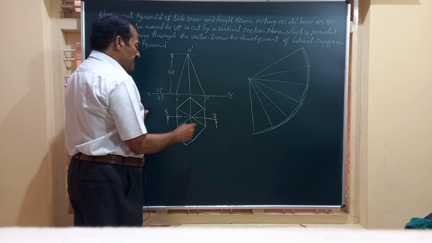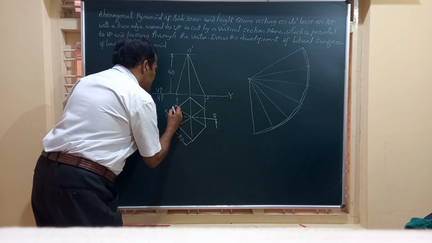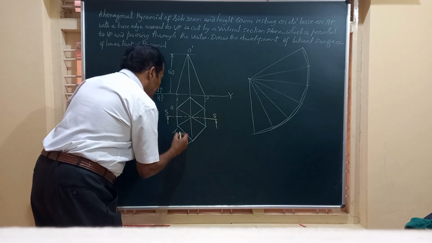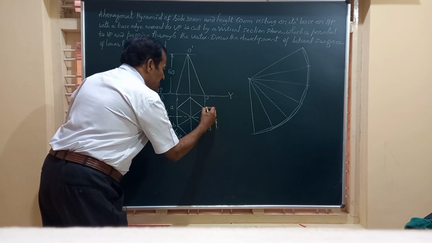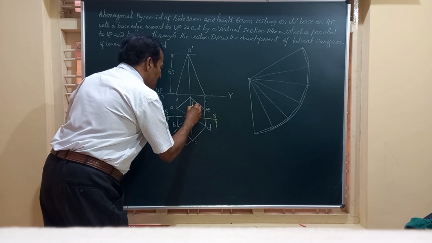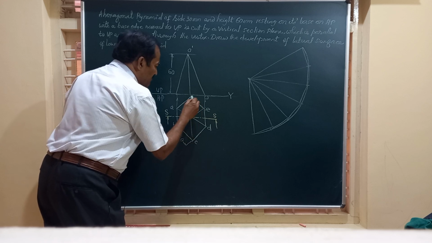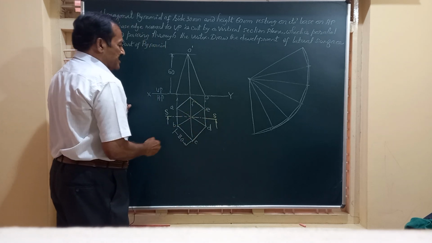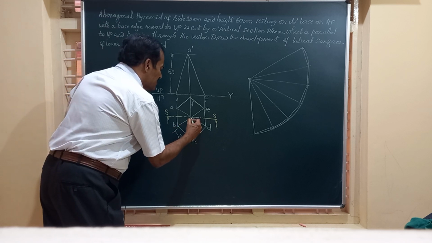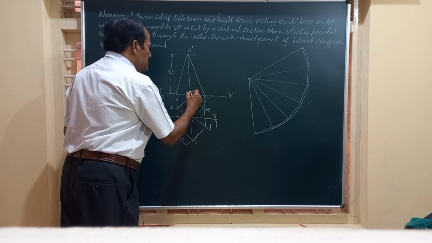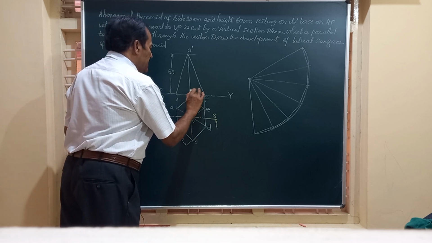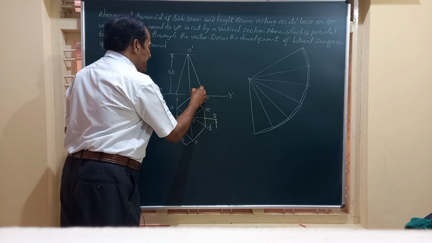Let us mark the corners of this hexagon as A, B, C, D, E and F, and all these are to be joined by straight lines. O is the vertex and O1 is the center of the base. So this is the center of the base and I represent it as O1 dash.